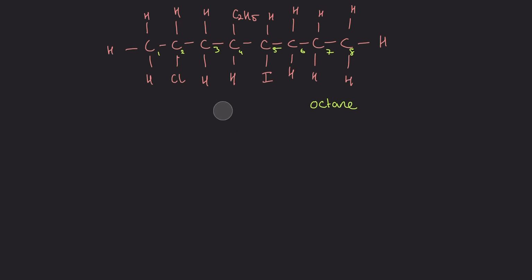So now I'm going to actually do it the opposite way, let you draw it, and I will write something down for you to draw. So let's go for 3,3-5-iodooctane.